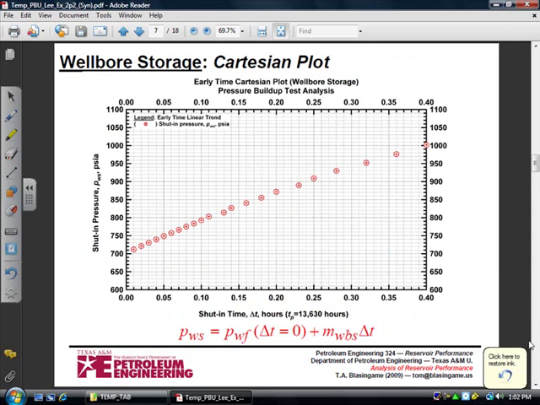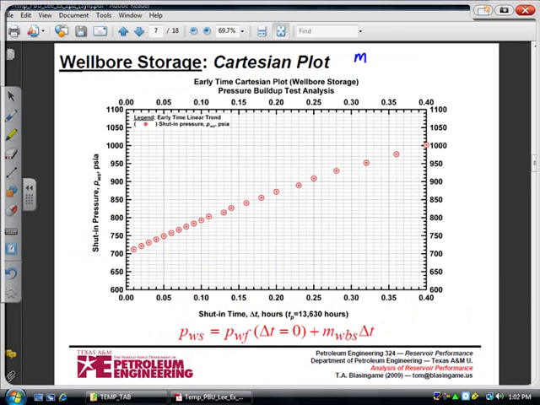Okay, so you remember our value for the wellbore storage slope is 970 psi per hour. So I am going to force this slope on this plot. So how am I going to do this? Tell me how am I going to force the slope?